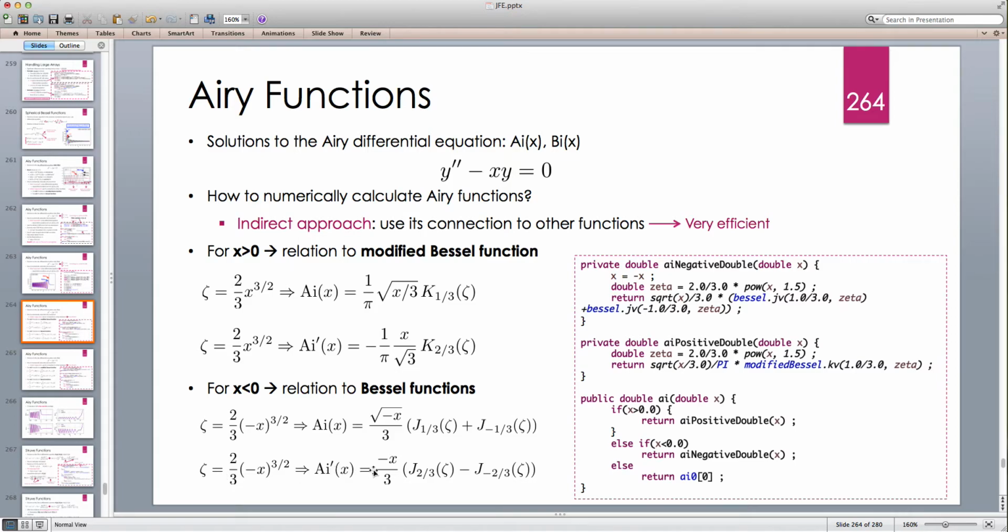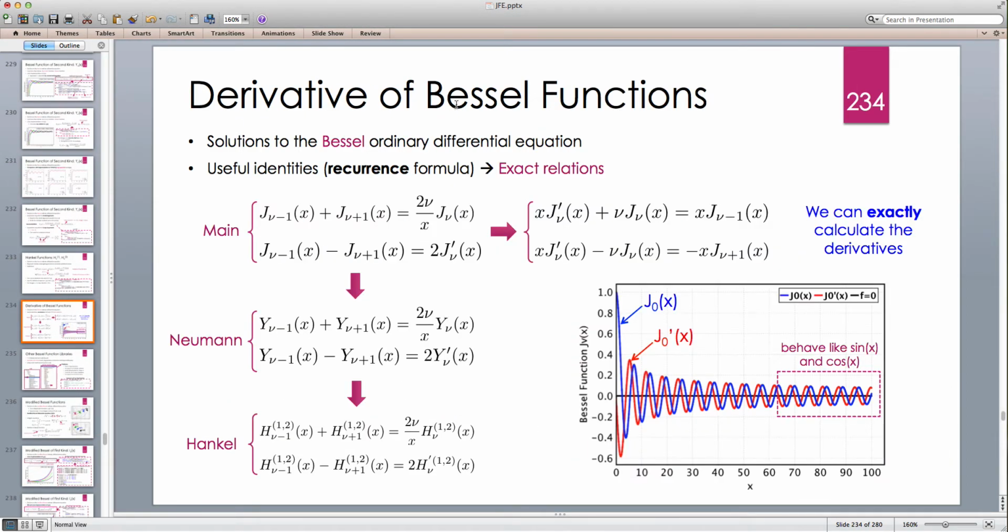And for Ai prime, we end up with minus x over 3 times J 2/3 of zeta minus J minus 2/3 of zeta. And again, in order to find Ai prime, we use the relations that we had for Bessel functions and the derivatives of the Bessel functions. Let's see if I can find it here. So the derivatives of the Bessel function.